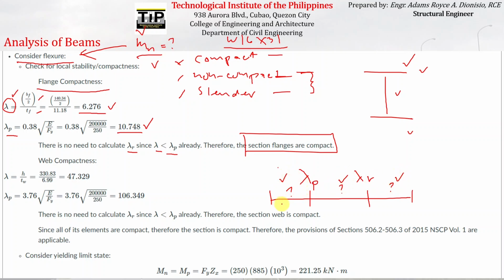If the lambda is included on this particular region, therefore, we can say that the given flange section component is compact.